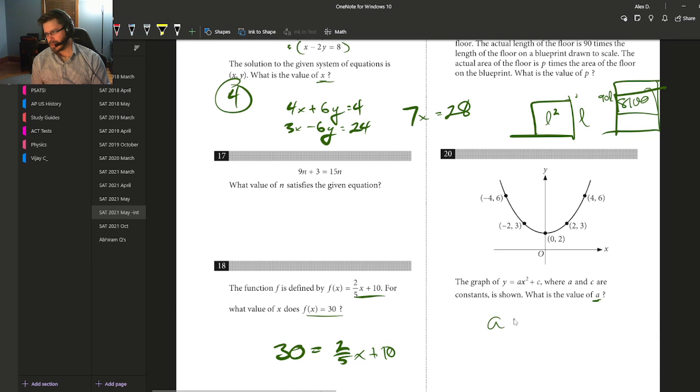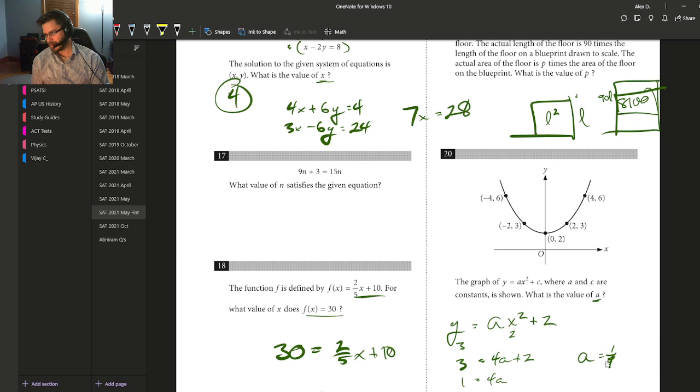So ax squared plus 2 equals y. Let's plug in 2, 3. Plug in 2 here, 3 there. So that's 4a plus 2 equals 3. Subtract, we get 1 equals 4a. a is 1/4.